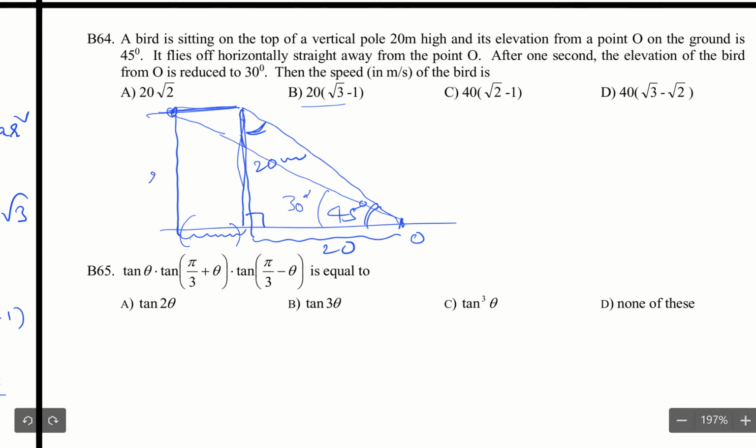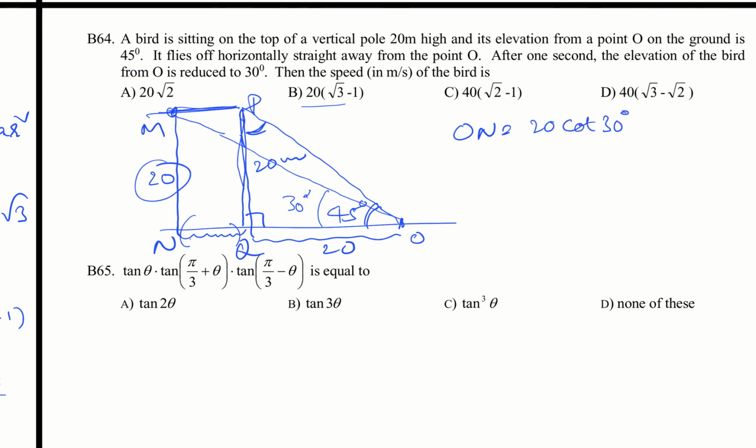Now if I name it as MN and this as PQ, now I have ON is equal to H cot, H is 20 here, 20 cot 30 degrees, and OQ is already 20.